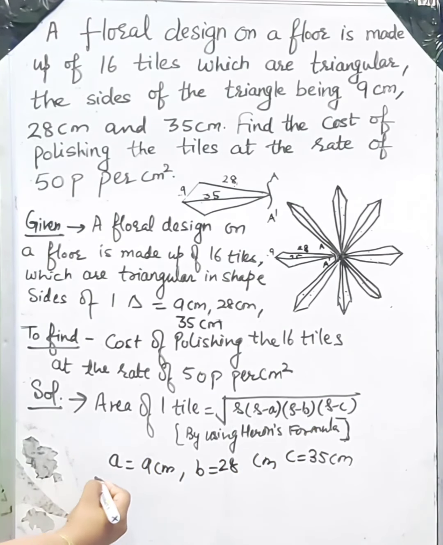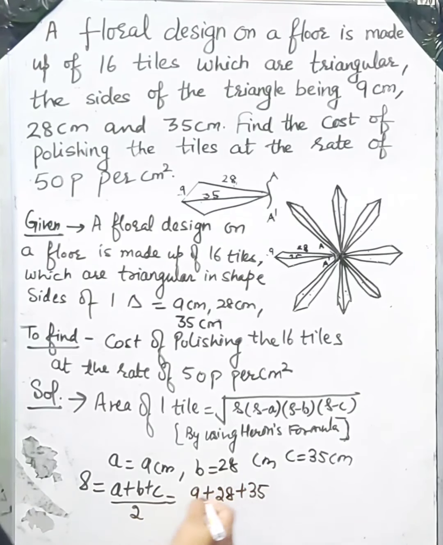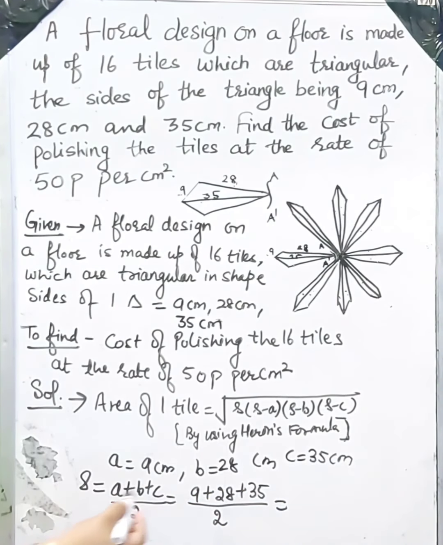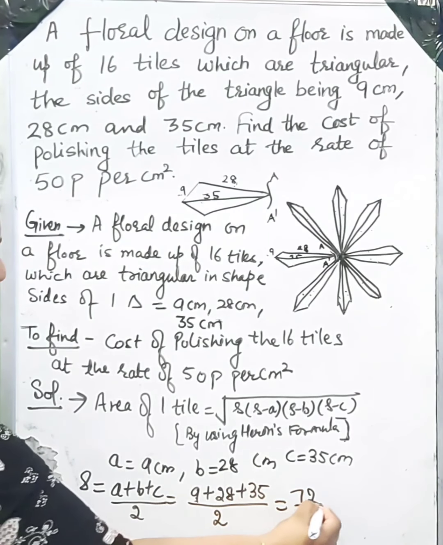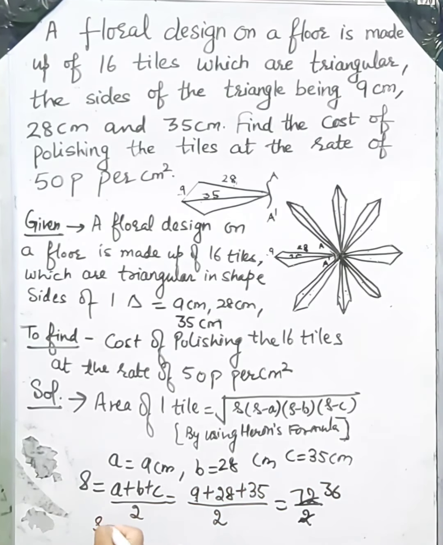So firstly, we have to calculate the semi-perimeter: 9 plus 28 plus 35 divided by 2. Now add these numbers. Sum will equal to 72 divided by 2. Semi-perimeter is 36 centimeter.